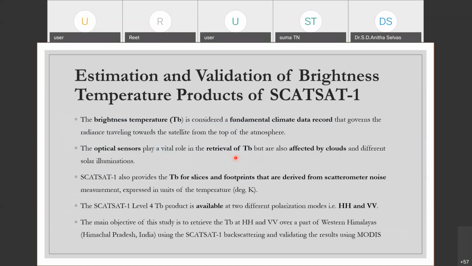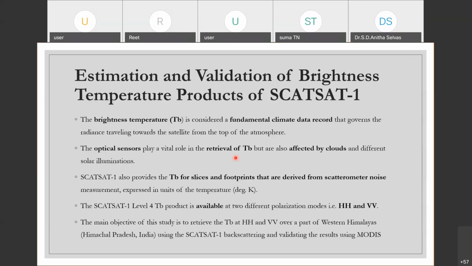Then another very important parameter is the retrieval of brightness temperature from SCATSAT-1. For SCATSAT-1, the brightness temperature is already provided as level 4 data for the entire globe, derived from the SCATSAT data, but that data still needs some processing.